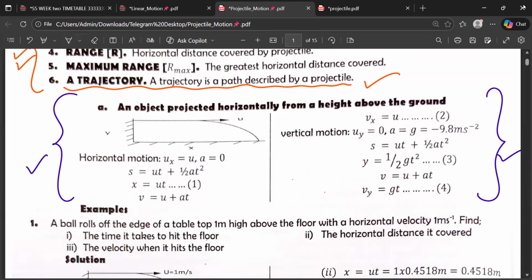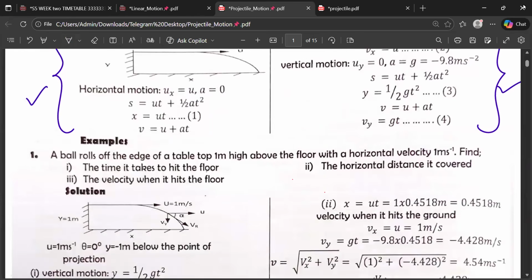You look at this first number. I gave you time to look at the formulae and you told me everything was okay. So they are saying a ball rolls off the edge of a table top 1 meter high. When they say 1 meter high, you know that this is my value of y, because height is the vertical displacement.